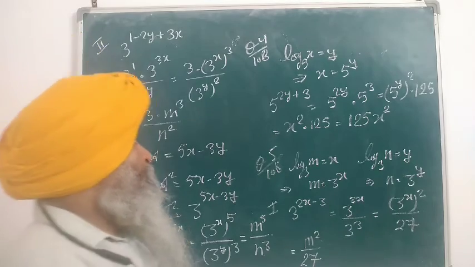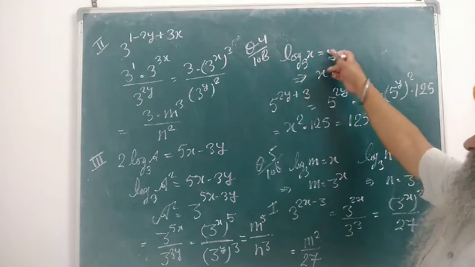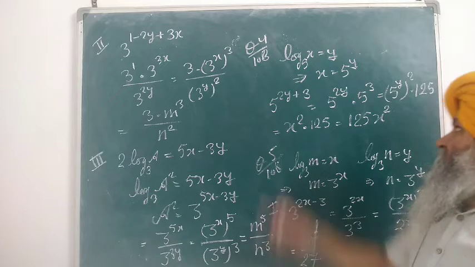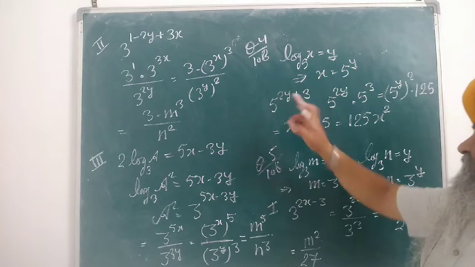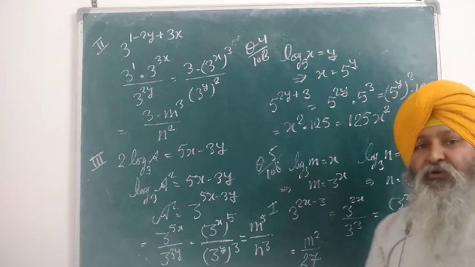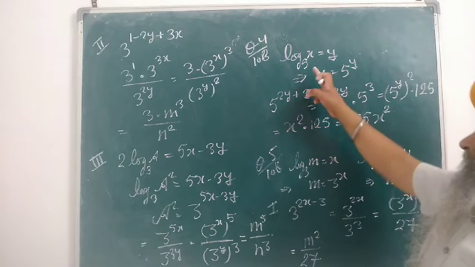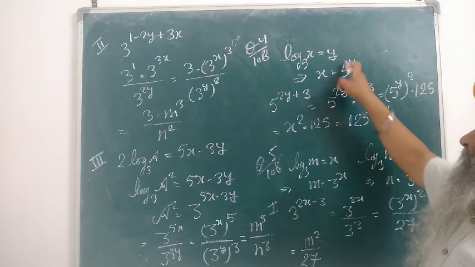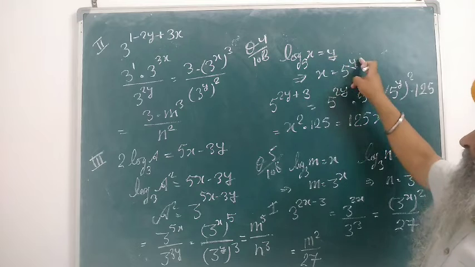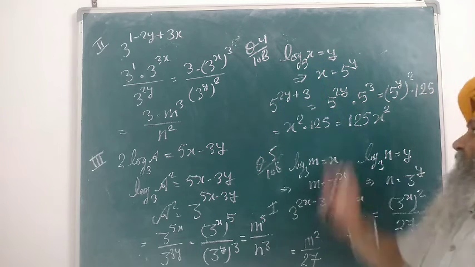Now my dear student, question number 4. They are saying log x to the base 5 is y. Evaluate this. Naturally what I want to evaluate should not contain log, it means I am not interested in log. So I shift the base, 5 comes here, so it becomes 5 raised to the power y equals x. So this is the indices form of this logarithmic form.